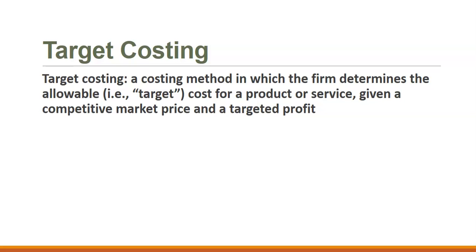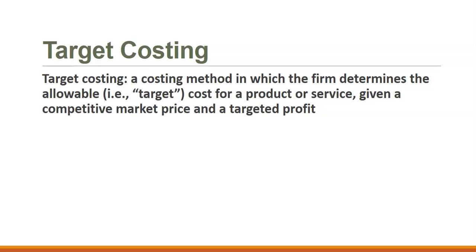Target costing is a method where we determine what the target cost is. This starts with the market price, what customers are willing to pay for this product. Then we look at our targeted profit margin: how much do we want to make from the sale of this product? We take the market price, minus the targeted profit margin, how much we're hoping to make from sales, and that gives us a target cost.